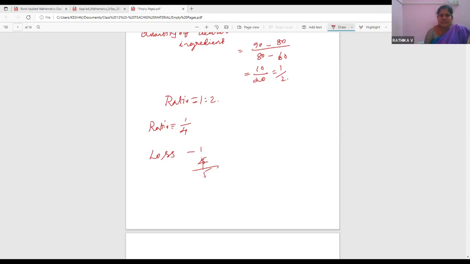Same way for C, you can see in the statement: C puts in first 4,000 per month and withdraws rupees 1,000 at the end of 9 months. That means for 9 months he deposits 4,000, and for the remaining 3 months it is only 3,000.